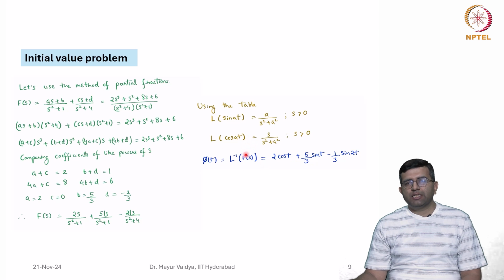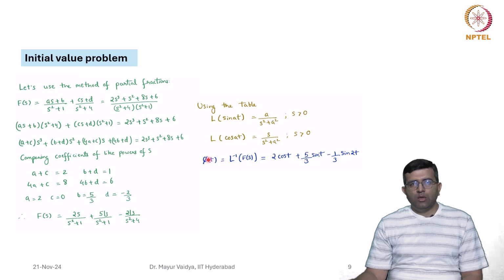So the inverse of F of s is equal to phi of t, which is our original function, and it should be equal to 2 times s by s square plus 1, whose Laplace inverse would be cos t. Remember that this is s square plus 1, which means that a is 1. So that is why 2 cos t, plus again here also a is 1, so you have 5 by 3 sine t, and here a is 2, so you get minus 2 by 3 into sine 2t.